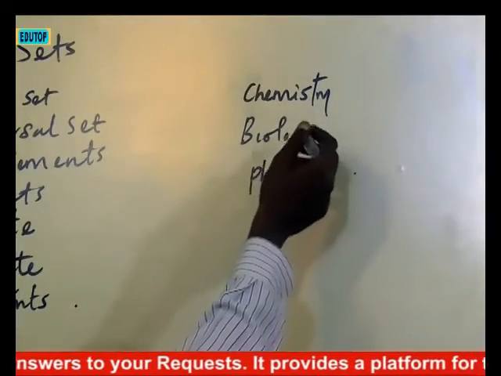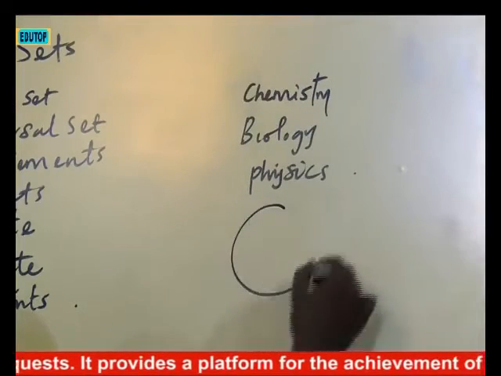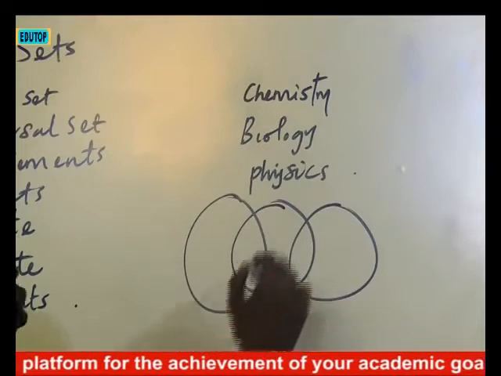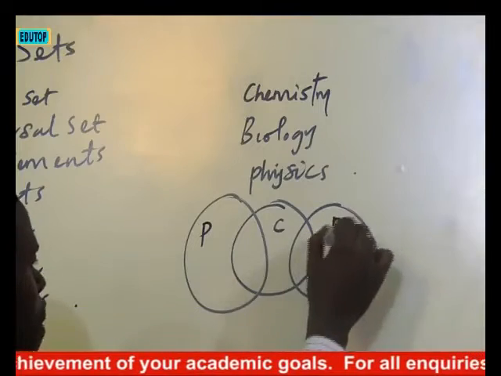So if I'm to draw a Venn diagram for this, chemistry will always be at the middle. You have your chemistry here, you have your physics here, you have your biology here.